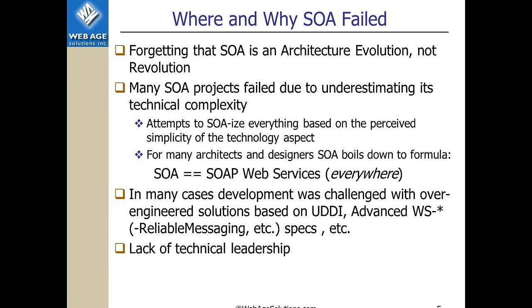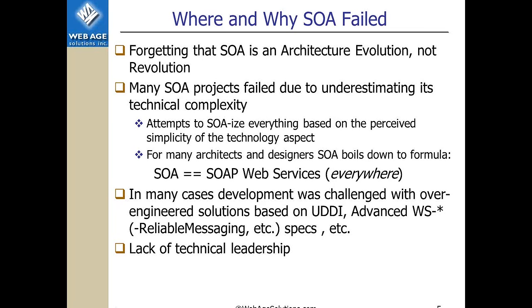One of the reasons for failure of some of the SOA-related projects was that SOA is an architecture evolution, not a revolution. And many people put too high hopes on SOA to solve all the problems, so that it would be one size fits all, silver bullet, and so on and so forth.